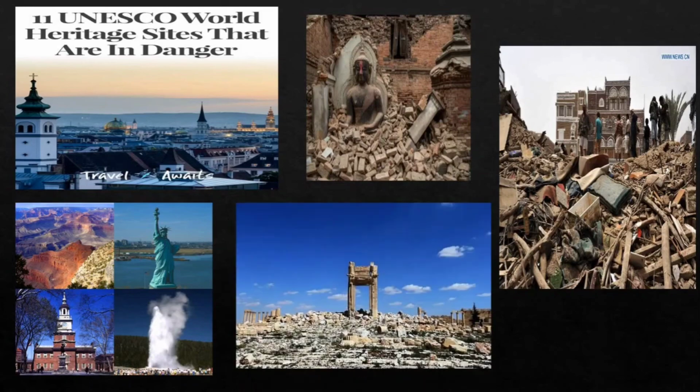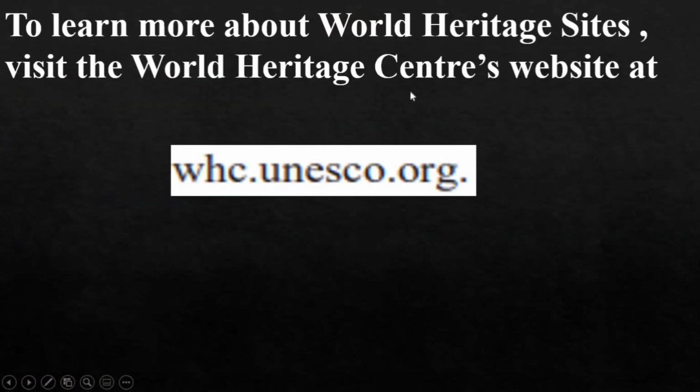If a particular site loses its characteristic which allowed for it to be originally included on the World Heritage list, the World Heritage Committee can choose to delete the site from the list. And students, if you wish to learn more about World Heritage Sites, visit the World Heritage Center's website at whc.unesco.org.